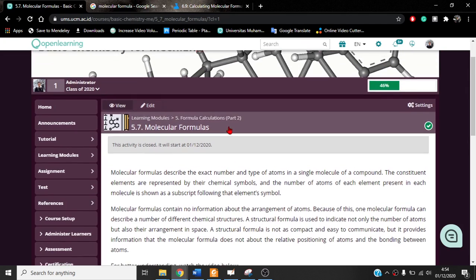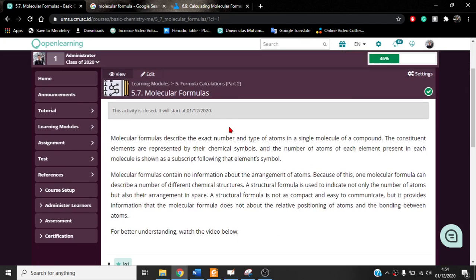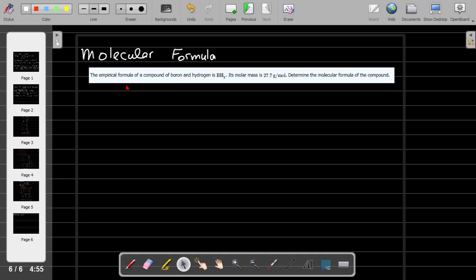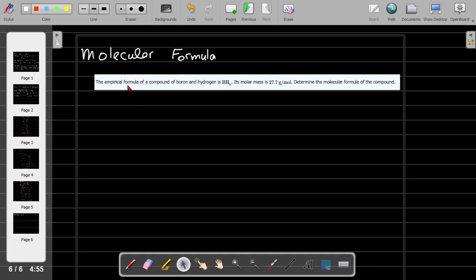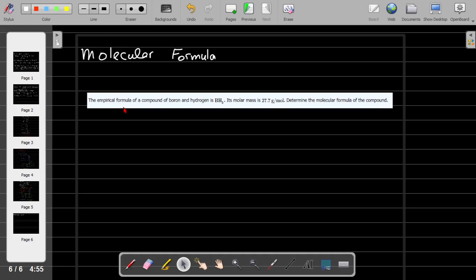For a better understanding of this concept, we can go to the example.